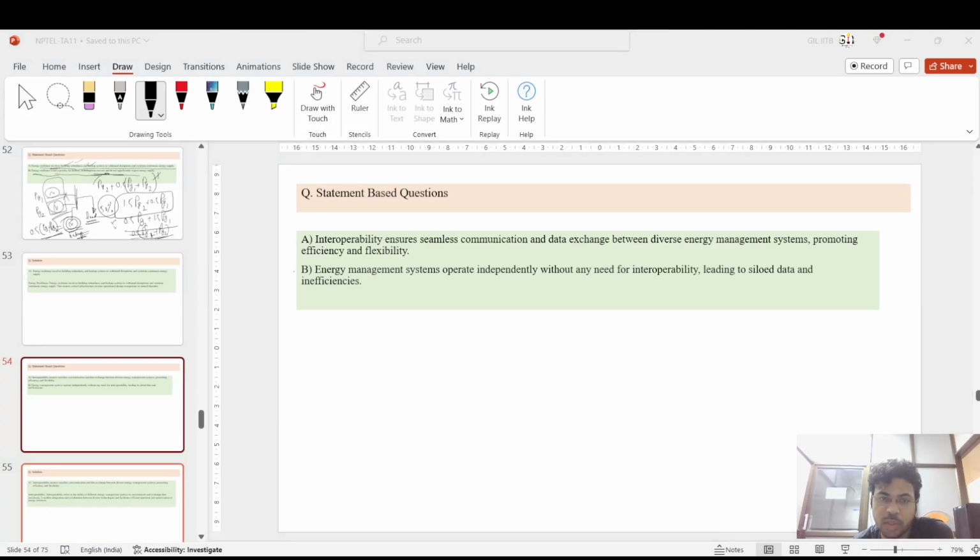Okay. Coming to the next question, that is related to interoperability. You have to tell me which statements are true and which are false. Okay. I got one answer as A is true.